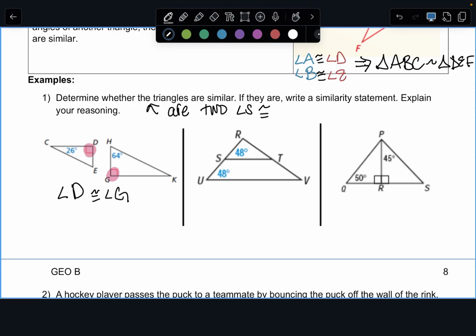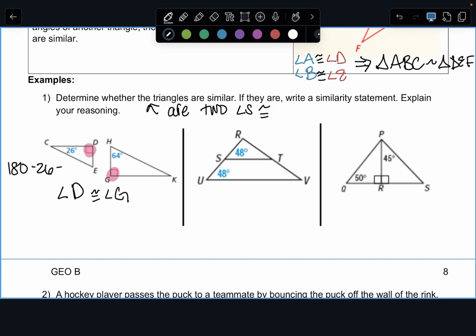How do I find this one, for example, from last unit? We do math, but what kind of math? What do all of these angles have to add to? 180. Okay, so I can take 180 and I can subtract off my 26.